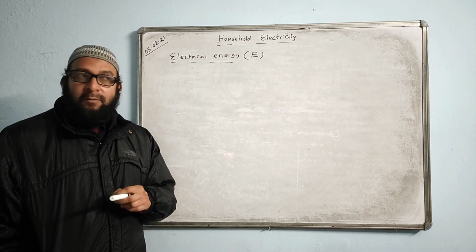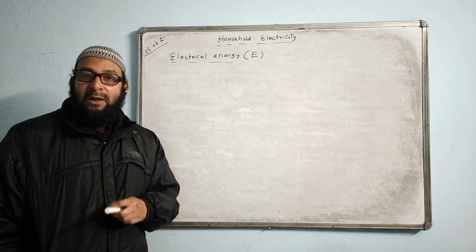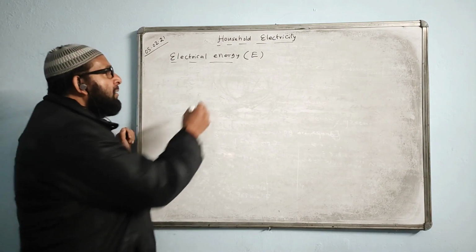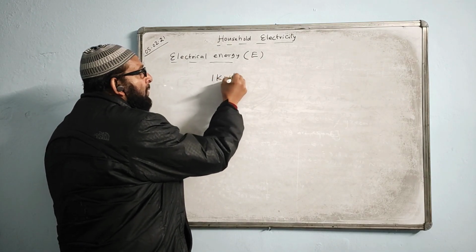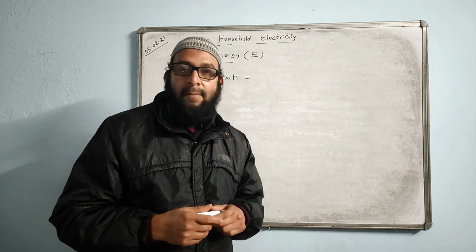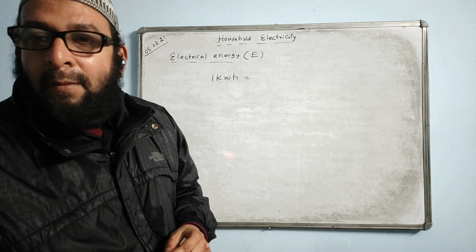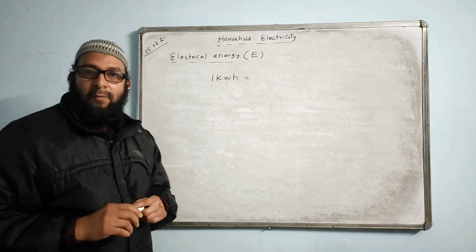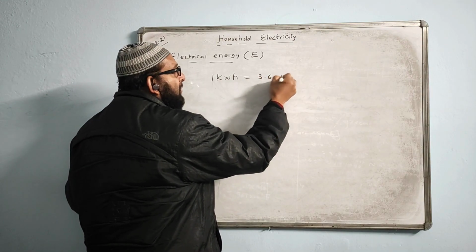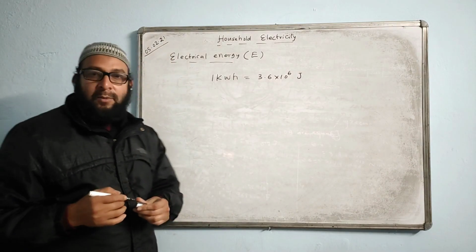Whereas the commercial unit, because we consume electricity and pay the bill, is kilowatt hour, kWh. 1 kilowatt hour is equal to 3.6 into 10 to the power of 6 joule. This is the value of 1 kilowatt hour.